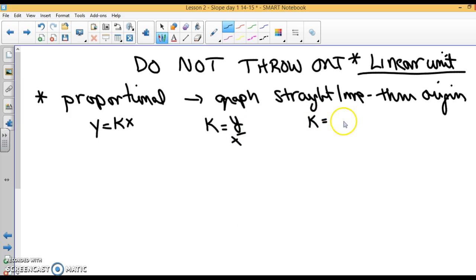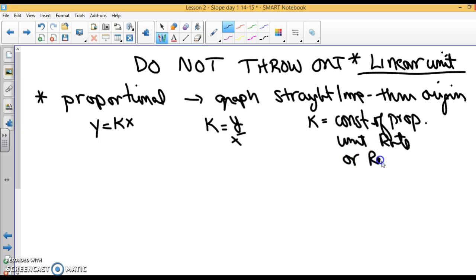It is the constant of proportionality, unit rate, or rate of change. And that is all review from 7th grade. Everything we did so far in 7th grade, the relationships were proportional. This is how we determined it.